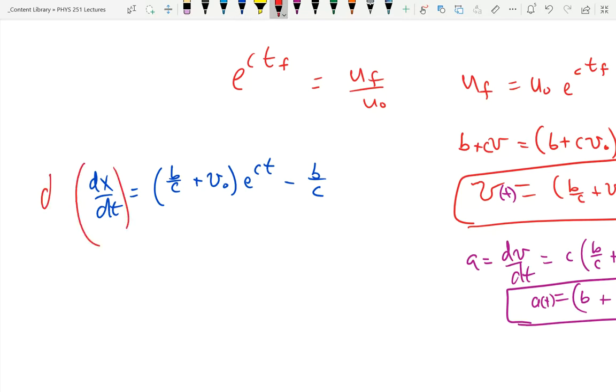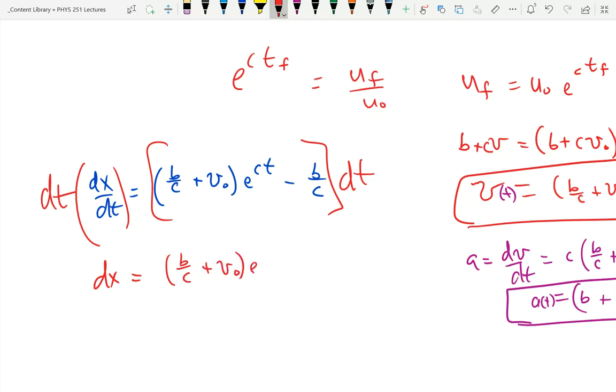Multiply both sides by dt. And it's completely separated. So then I have, and I integrate each side separately.